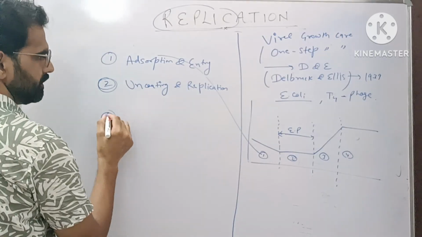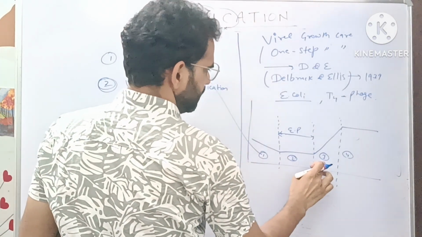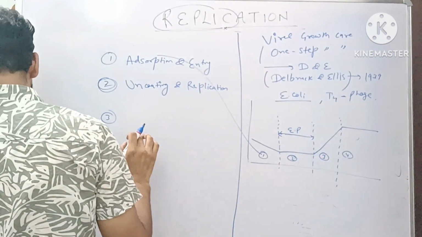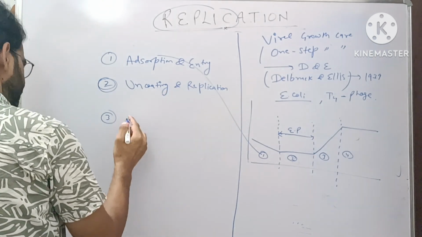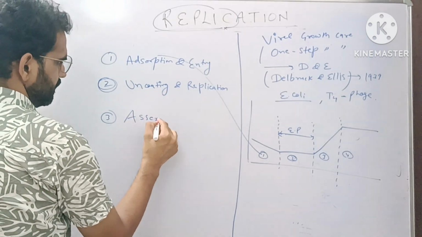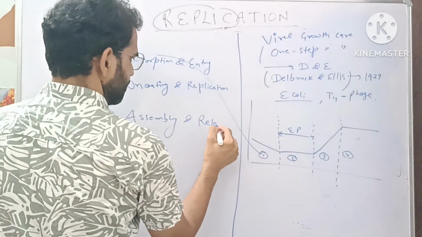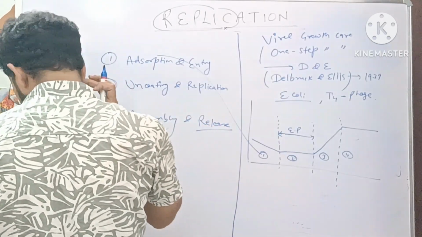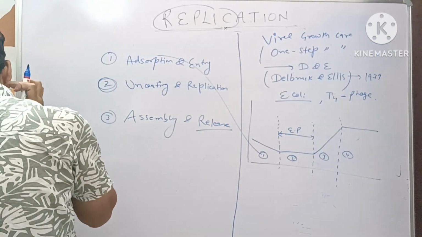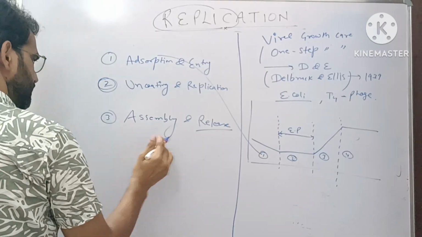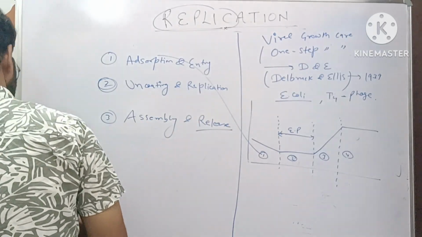Number three, this is the number three phase. So what steps are there in number three? Assembly of viruses and maturation, not release.